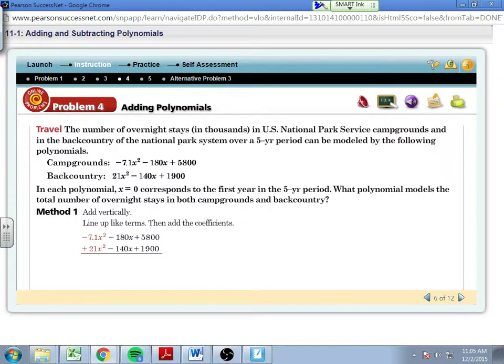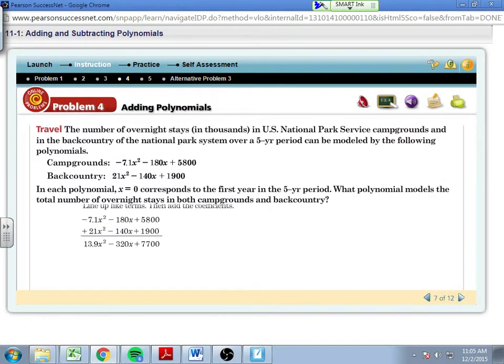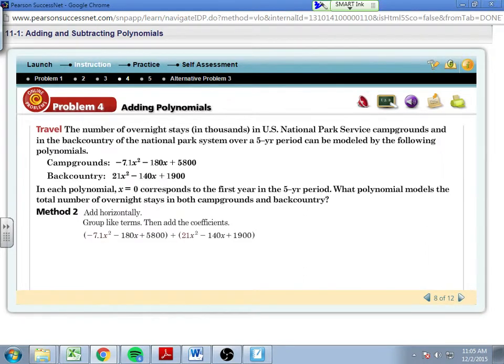First, add terms with x squared. A quadnomial, but that starts to get bad. Then add terms with x.